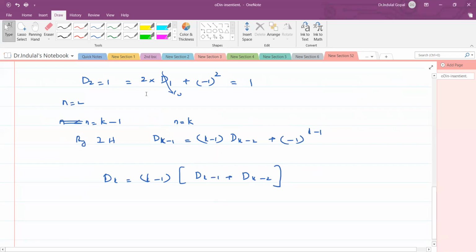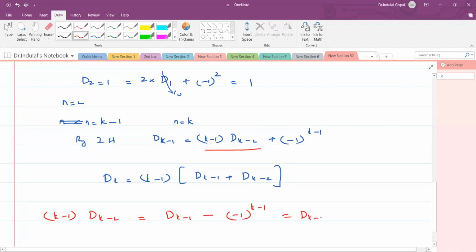And from here, by the induction hypothesis, k minus 1 Dk minus 2 is equal to Dk minus 1 minus minus 1 raised to k minus 1. This is equal to Dk minus 1 plus minus 1 raised to k. This minus is also accounted here. So Dk minus 1 plus minus 1 raised to k.